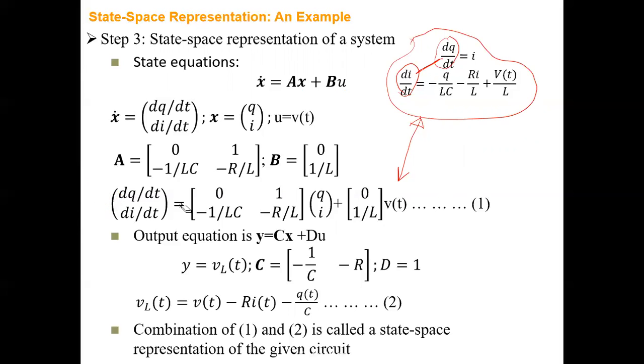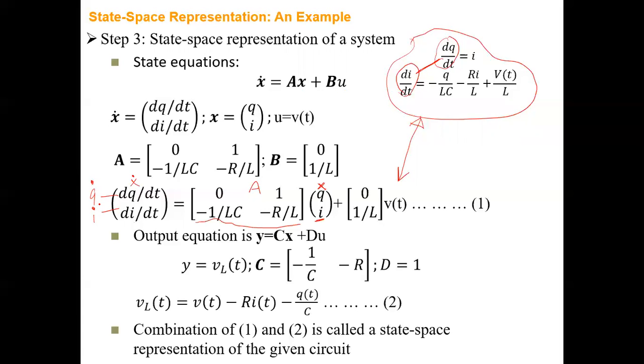Okay. So then on the right hand side, this is your matrix A. I call it A. And this is your vector X. So what is the difference between X and X dot? This can be X dot, because this can be written as Q dot. This can be written as I dot. What is dot?